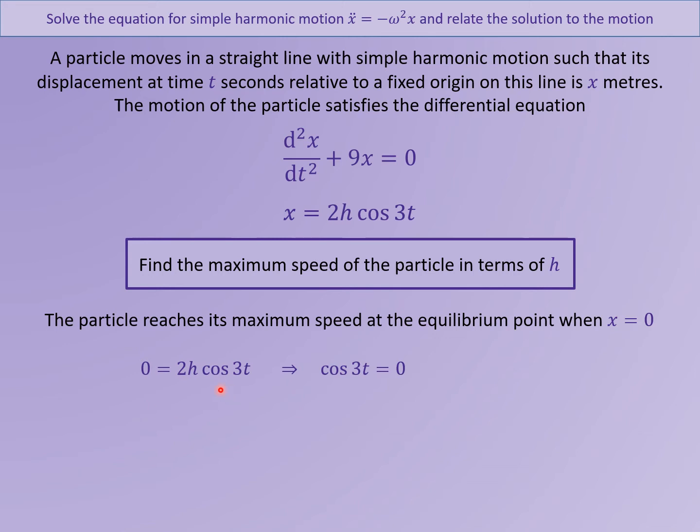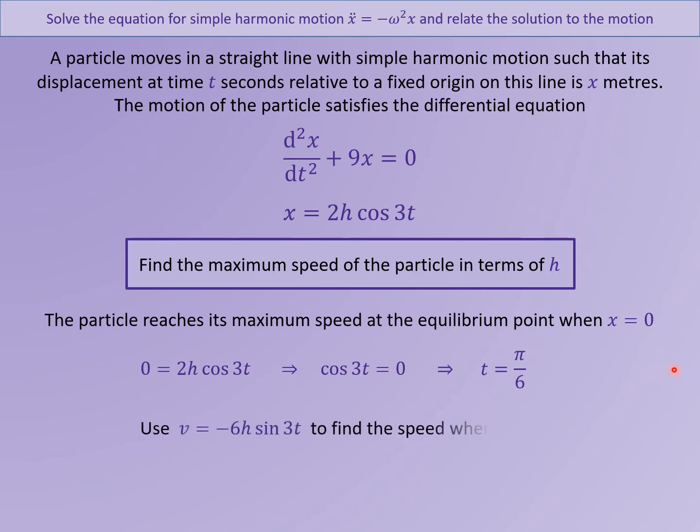That leaves me the cos 3t must equal 0. Now if cos 3t equals 0, that's telling me that time must be pi over 6. So when t equals pi over 6, that's when this particle is getting its maximum speed before it starts to slow down again. So pi over 6 is the time you're looking for.